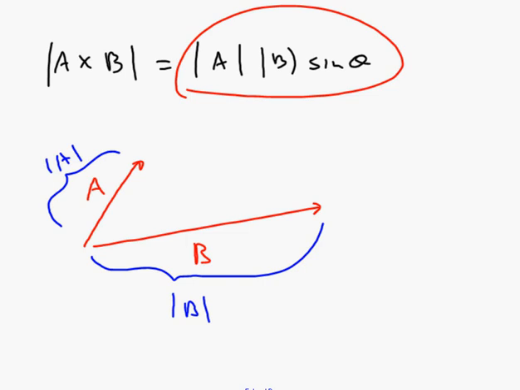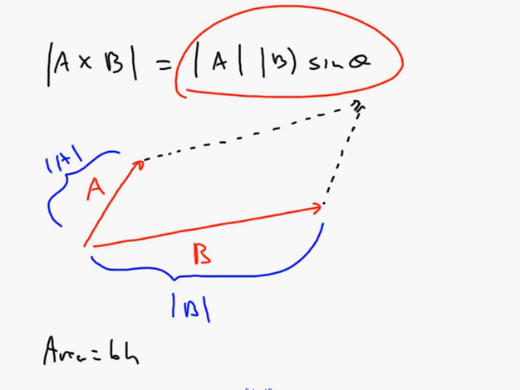What I'm going to do is make a parallelogram out of this, as if we were going to add these vectors. You learned a long time ago how to find the area of a parallelogram: the area is equal to the base times the height.